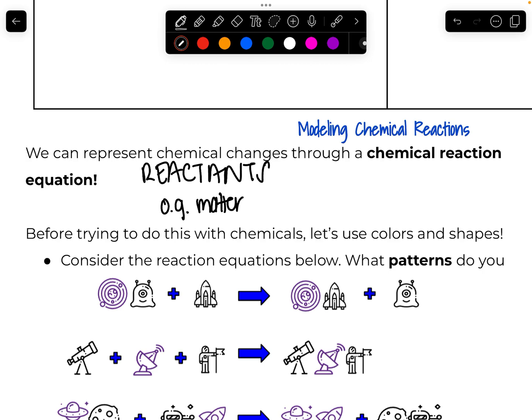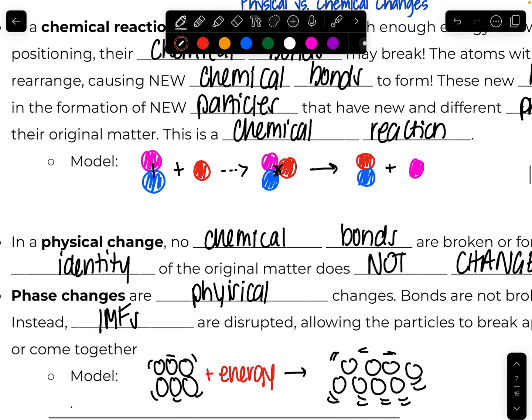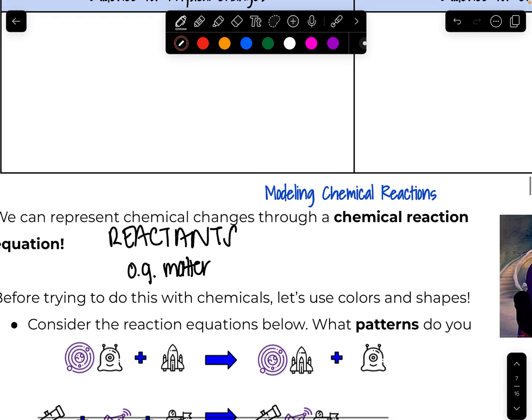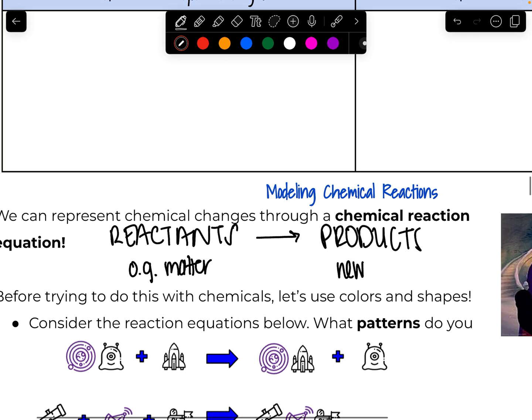The reactants in my model equation up here would be pink, blue, and red. Those are my reactants. When these things come together, when they react, they're going to produce my products. My products are my new matter. This is the new stuff with new chemical bonds, new properties that I've created.